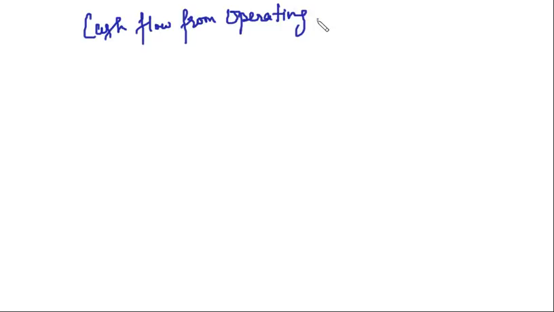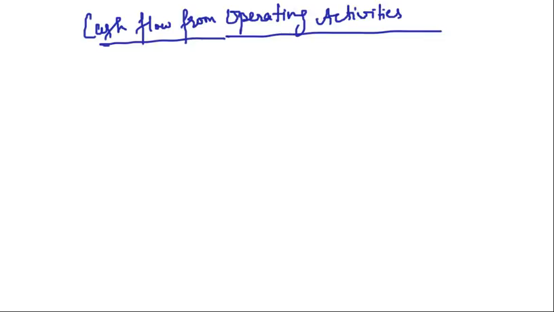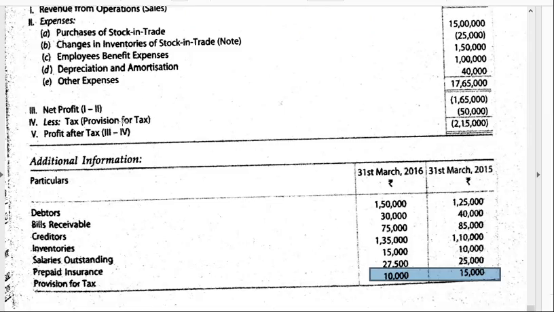So now you can do the question in a normal way. We'll say cash flow from operating activities, right? Cash flow from, so the first step is net profit before taxes. So we have this net profit before taxation, that is a loss of 1,65,000.